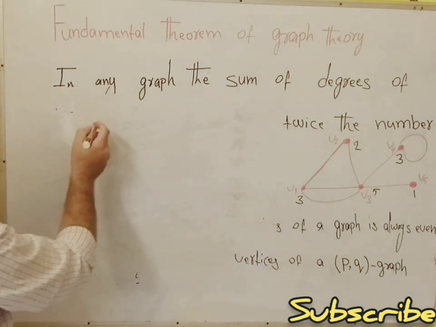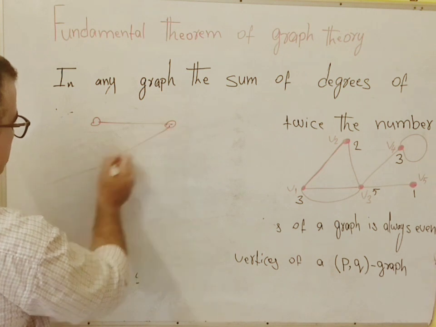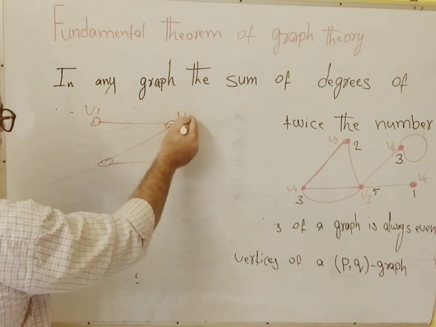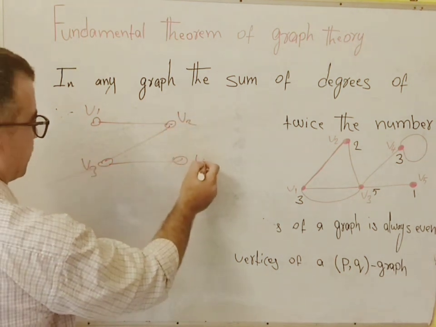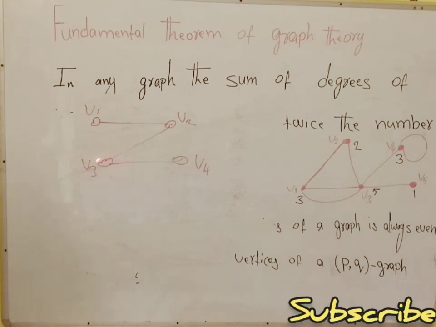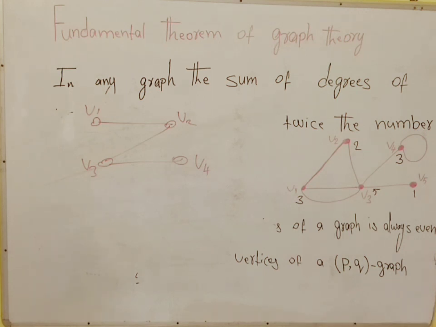We can consider this graph and label the vertices V1, V2, V3 and V4. So according to remark number 2, the sum of degrees of vertices of a PQ graph is equal to 2e, which means twice the number of edges. Okay, let me count.